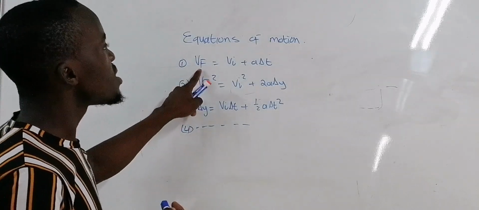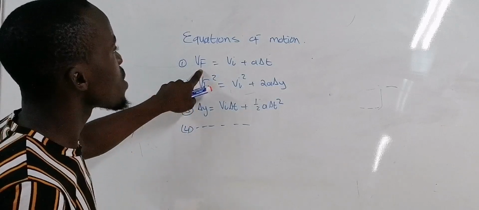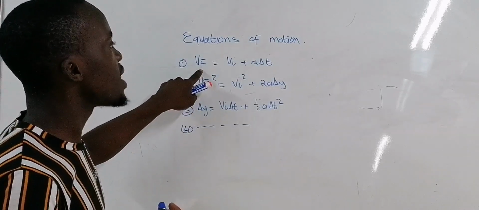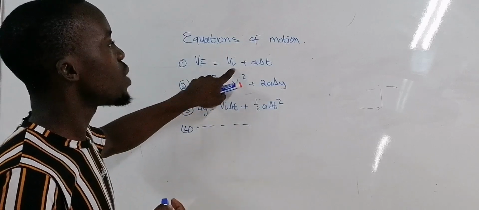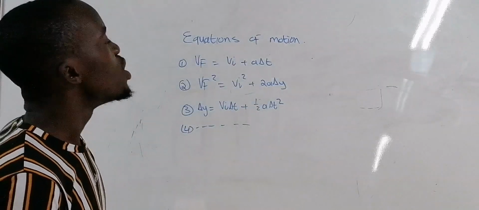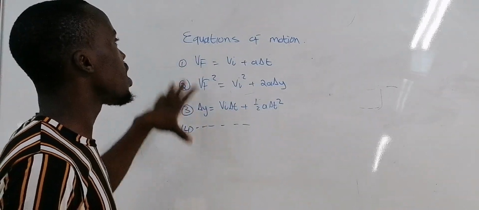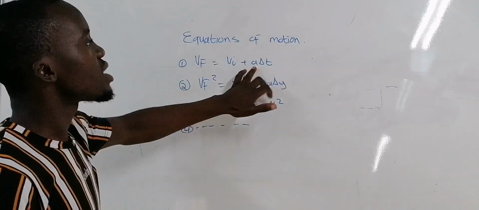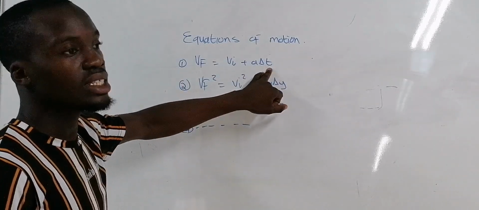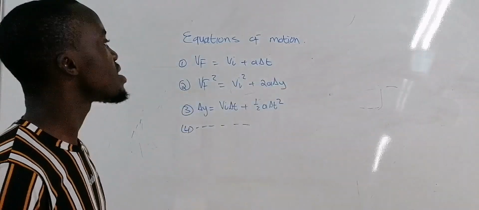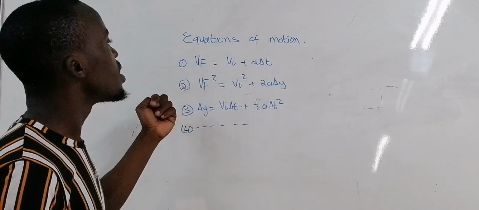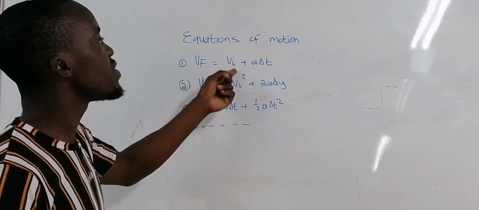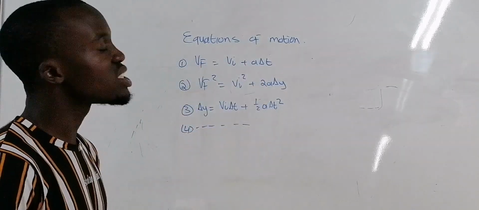So here, this is final velocity. We know that the final velocity at the maximum height is 0, and the initial velocity when we drop the object becomes 0. So it's very important for you to know these 3 or 4 equations of motion. This is acceleration, this is time measured in seconds. You can use this formula to calculate either V final, V initial, or the change in t.